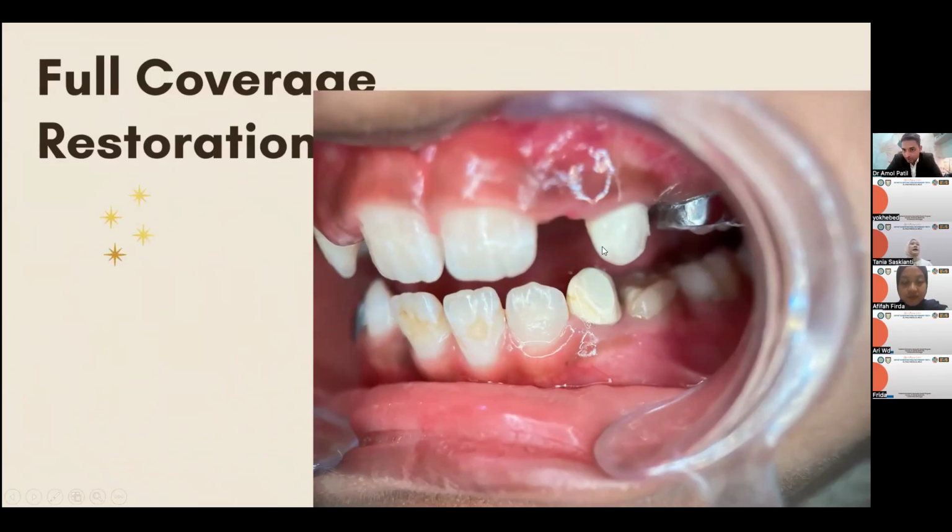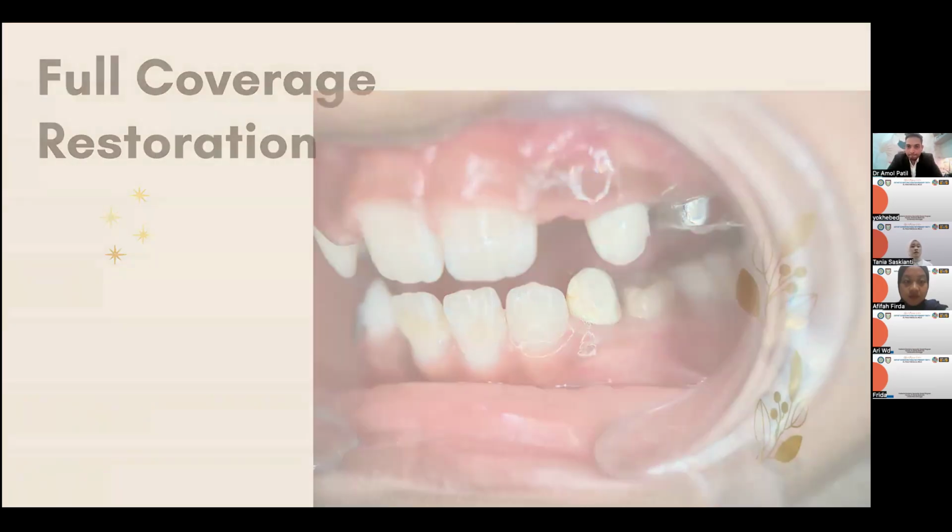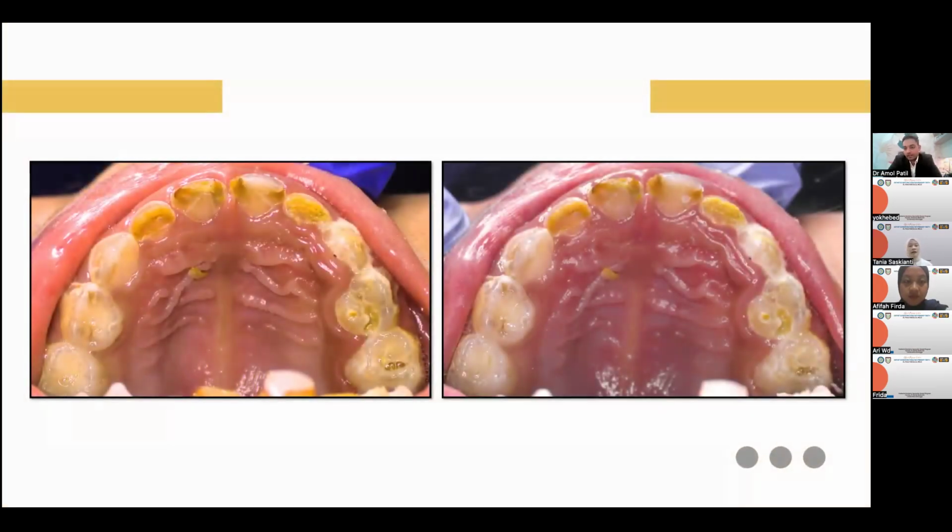But because of the pressure exerted by the upper crown on the lower crown, you can see the wear on the lower canine. This is seen on the crowns, so be cautious when you give these crowns. They should not be in occlusion or hampering the opposing tooth.